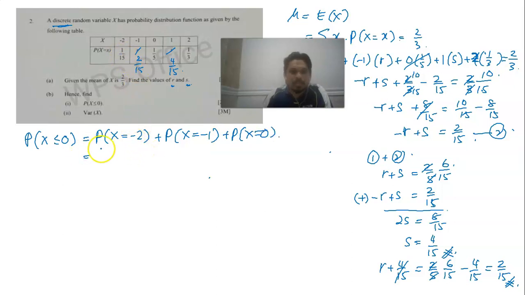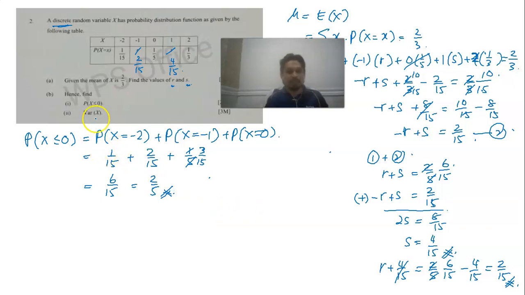So then it is 1 over 15 plus 2 over 15 plus 1 over 5. Make this as 15 here. 5 times 3 equal to 15, so 1 times 3 equal to 3. So 1 plus 2 equal to 3, plus 3 equal to 6 over 15, or divide by 3 and 3, 2 over 5.